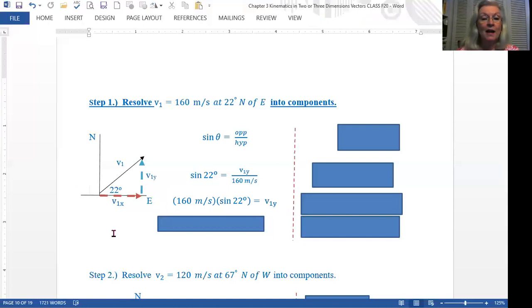And now you do the math. You punch in, make sure your calculator is in degree mode. And if you don't know how to do that, bring it to class and ask me, and I will help you. So punch in 160 sine 22, hit enter.